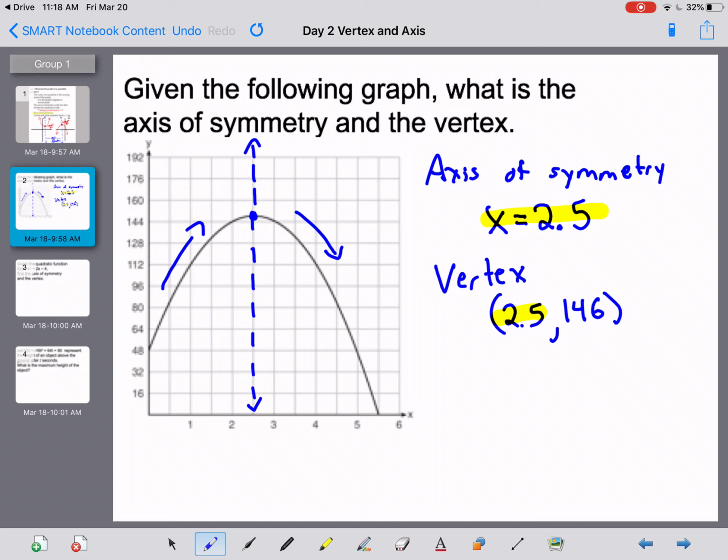And even though this vertex doesn't look like it cuts my graph directly in half, that's because I'm only showing the first quadrant. So if this parabola were to continue, it would continue over here, and it would be the exact same as this other half of the parabola.